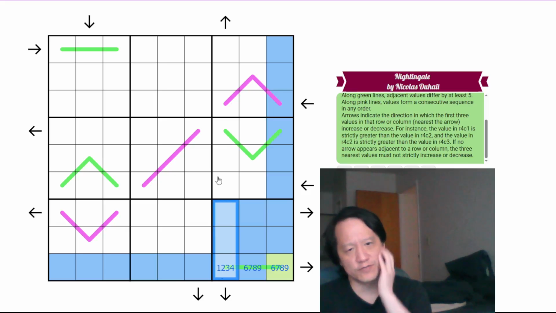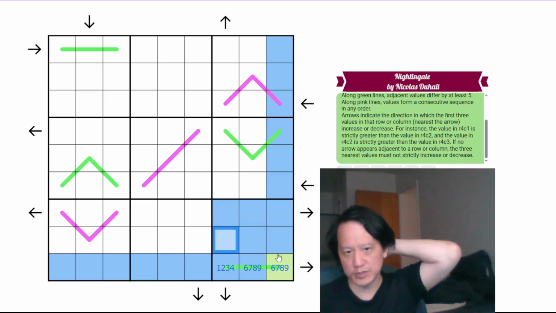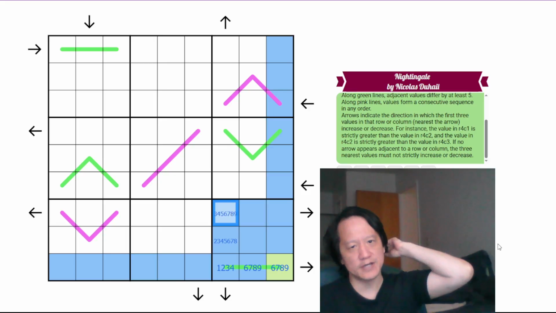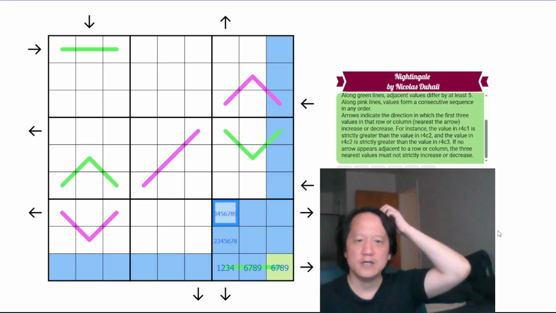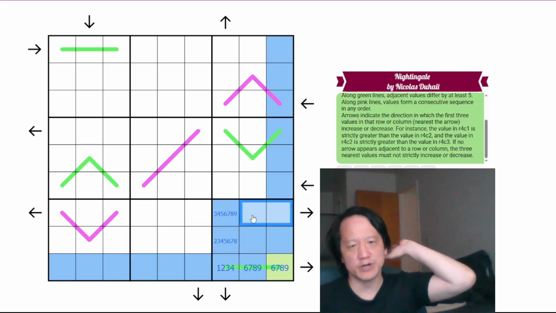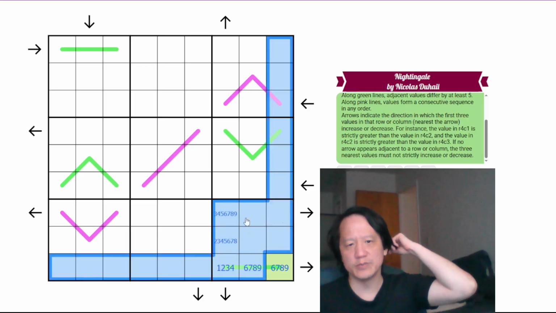This is decreasing from here to here, so this must be greater than that digit, so it's at least 2. And this must be greater than that digit, so it's at least 3. This digit is greater than at least 4 other digits in this box, because, hold up, it's increasing.